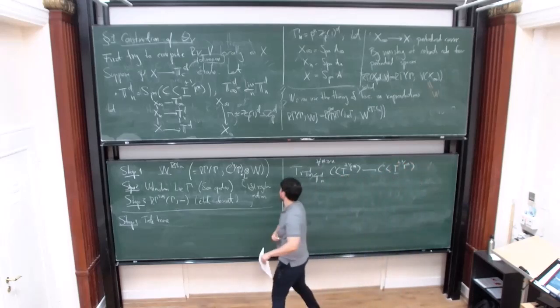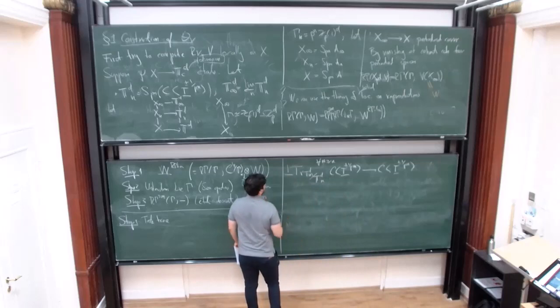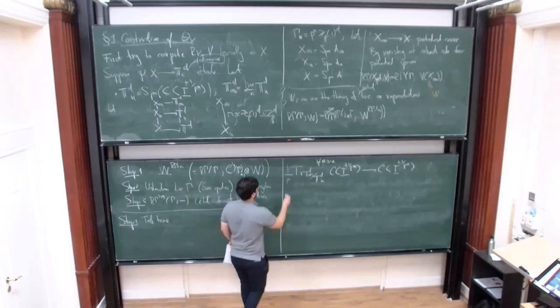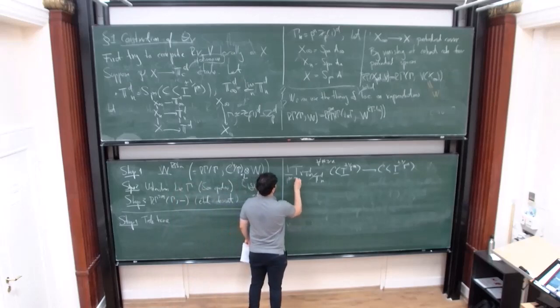And we can normalize, just using the cardinality of the extension. So it's going to be n minus n, and we multiply by this.